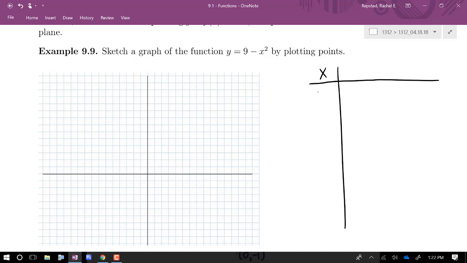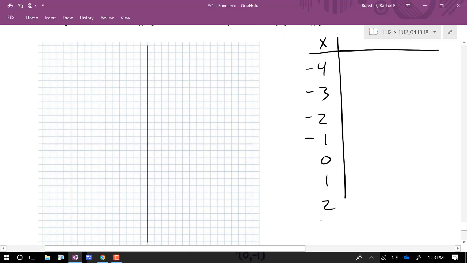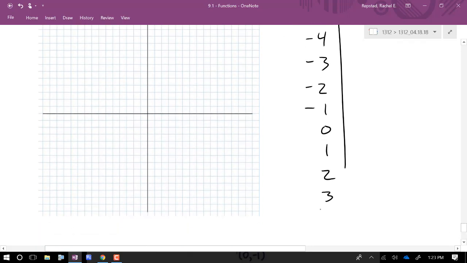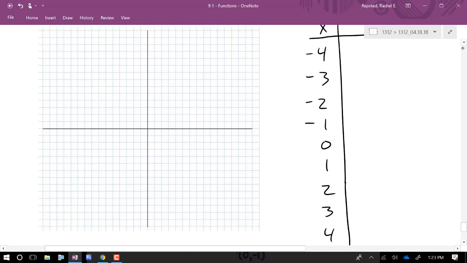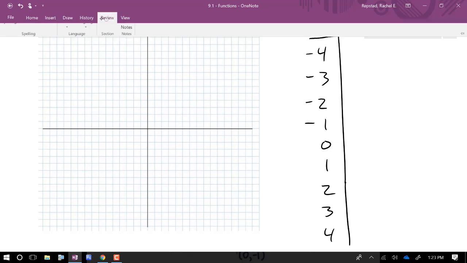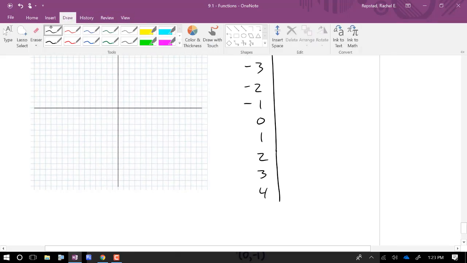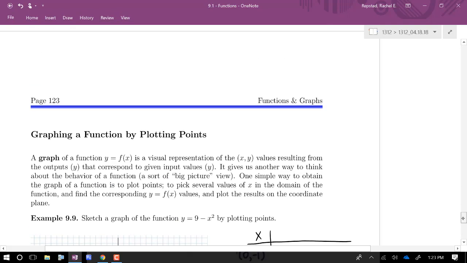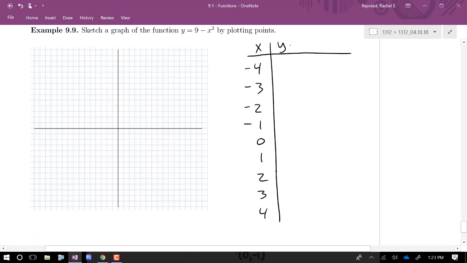So maybe I'll do something like this, and this might even be more points than I need, but I'm just taking a collection of numbers. And then in the other column, we're going to find the y-coordinates, 9 minus x squared.